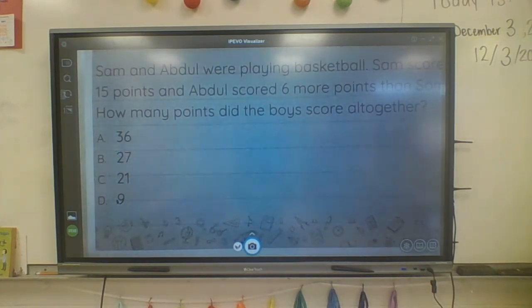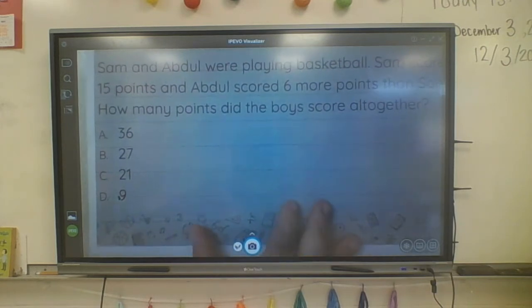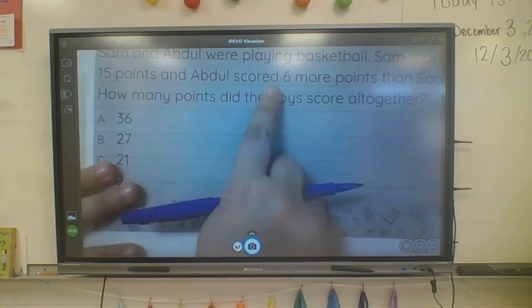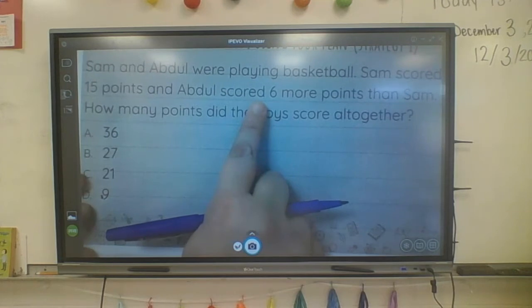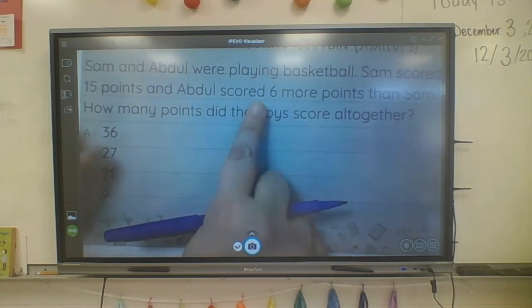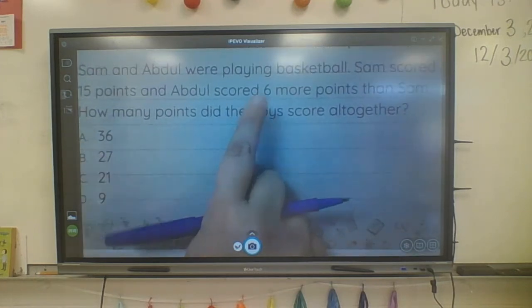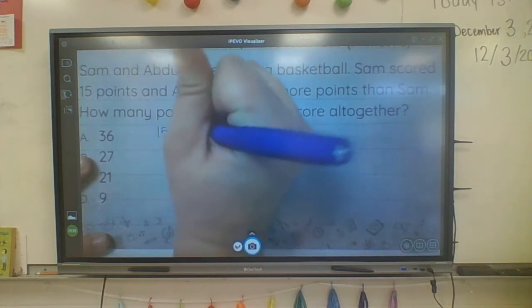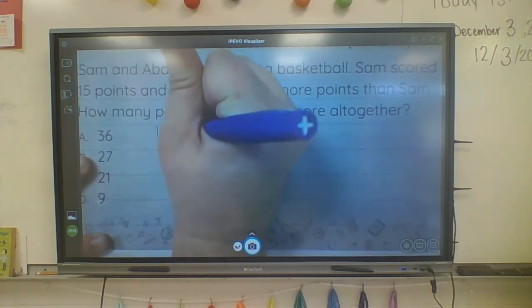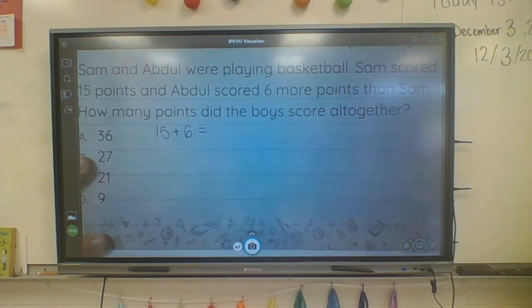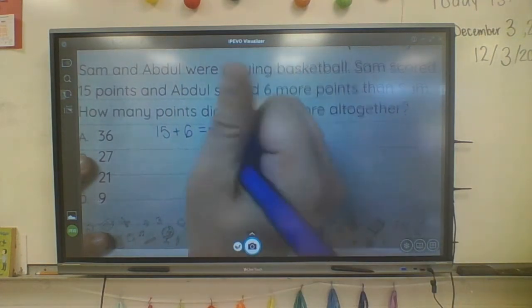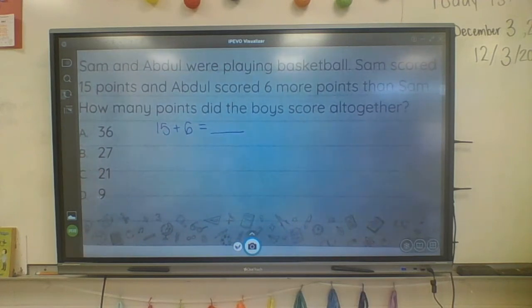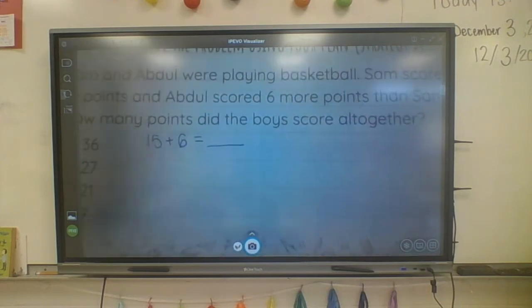Okay, so as I figured out in my plan, I'm going to first add my 15 points and my 6 points together. This will give me what Abdul scored. So I'm going to do 15 plus 6 equals something. My first strategy I'm going to show you is decomposing. Let me zoom in a little bit.